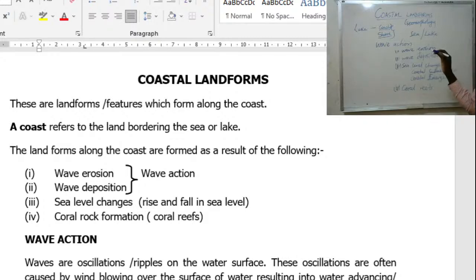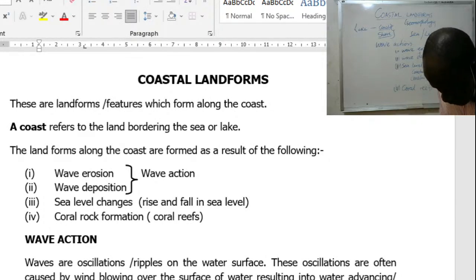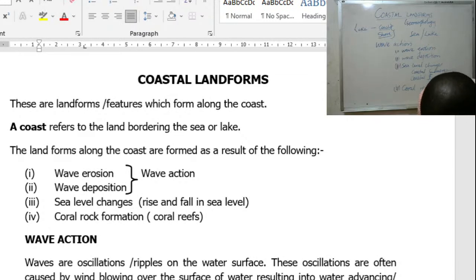Because the processes that we are looking at that lead to formation of these landforms are the same. The processes that take place on the sea or on the ocean surface are the same or similar to the processes that take place on the surface of the lake. So we are using this geographically, that even the lake has a coast because it is simply land that borders a water body, and the water body in this context, as I said earlier, is either a lake or a sea or ocean.